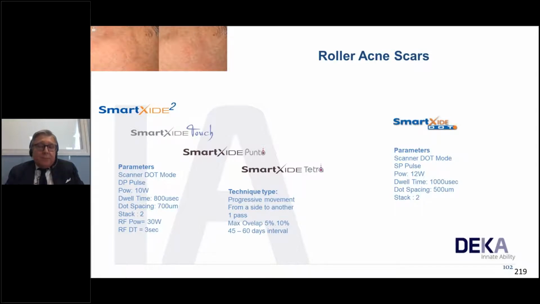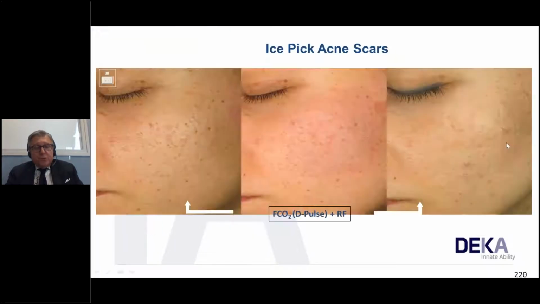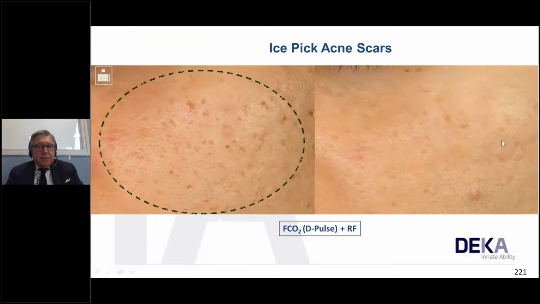With the previous glorious SmartXide DOT, we use SP Pulse, power 12 watts, 1000 microseconds, and dot spacing 500 microns, stack 2, as usual. These are the parameters for acne scars and the results.